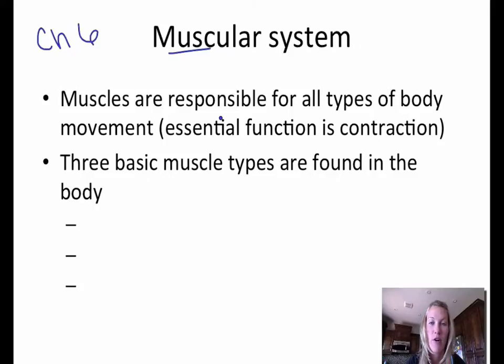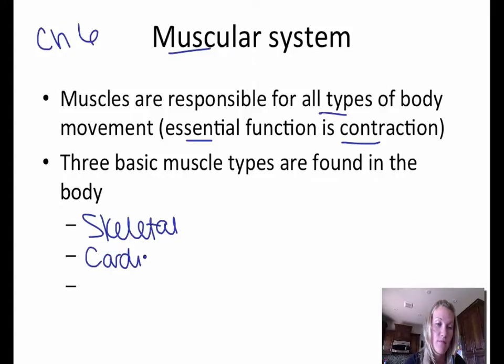Muscles are responsible for all types of body movement. The essential function of the muscular system is contraction. Normally when we think of the muscular system, we're specifically talking about skeletal muscles, but there are some other muscle tissues that come into play as well. The three basic muscle tissue types are skeletal, and in this chapter we're going to focus on skeletal muscle tissue, but you also have cardiac muscle and smooth muscle.